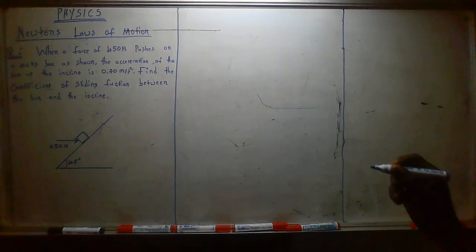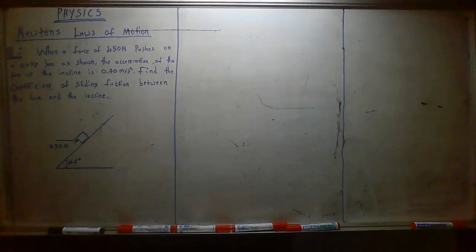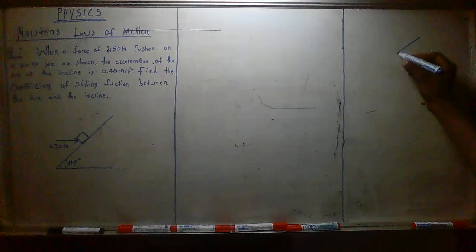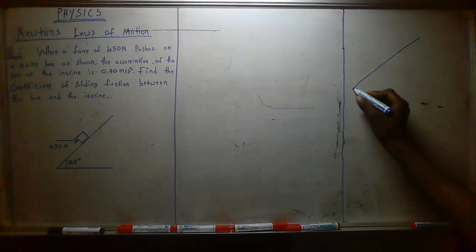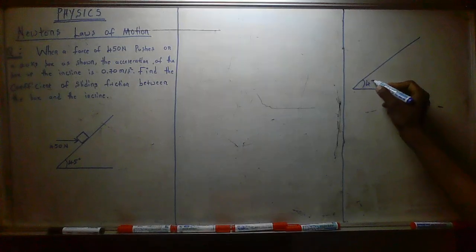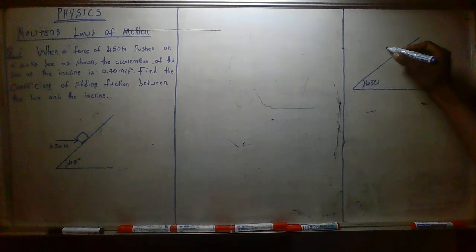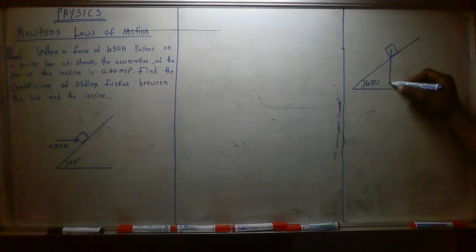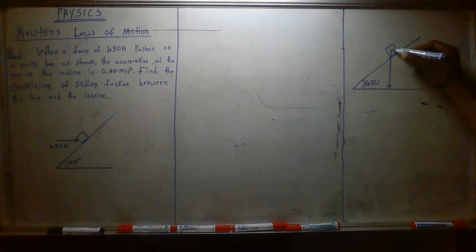Well, let's take note of the forces which are acting on the box. So this is our incline. Then we have our box here. We know that the weight will be acting downward, right? And the same weight will have components.